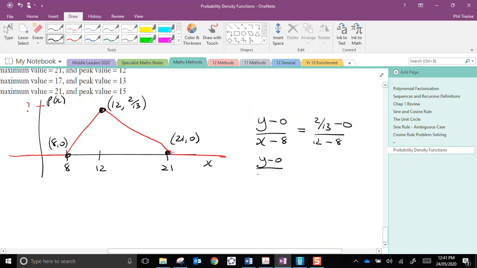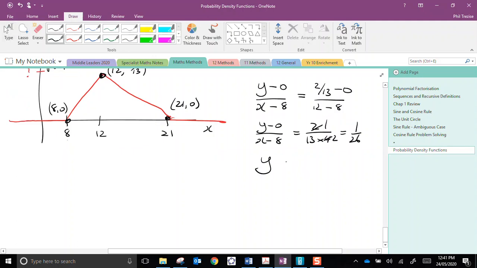So y take 0 over x take 8. Now 12 take 8 is 4. 2 over 13 divided by 4, that's 2 over 13 by 4. So cancel that, cancel that. That's the same as 1 on 26. So y minus 0 will be 1 on 26 by x minus 8.